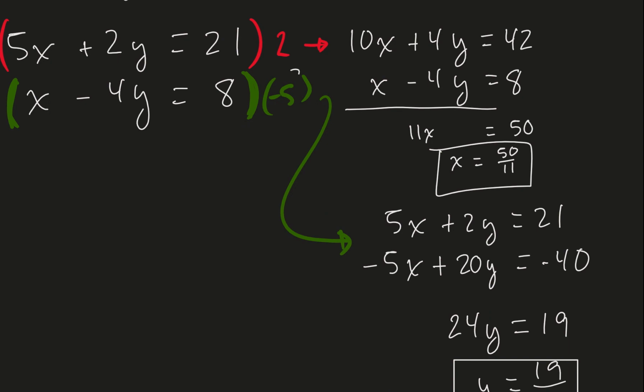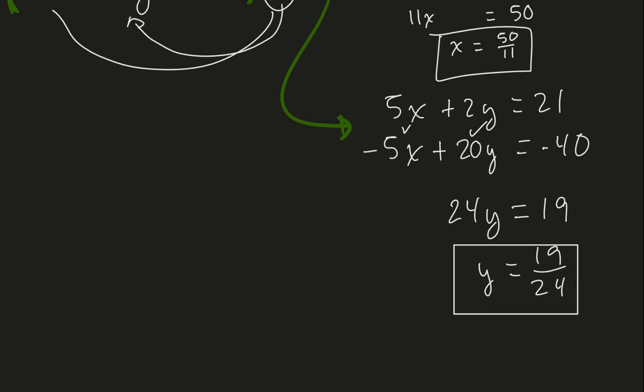So again, negative 5 times x is negative 5x. Negative 5 times negative 4 should have been positive 20. I wrote 22y. And negative 5 times 8 is negative 40.